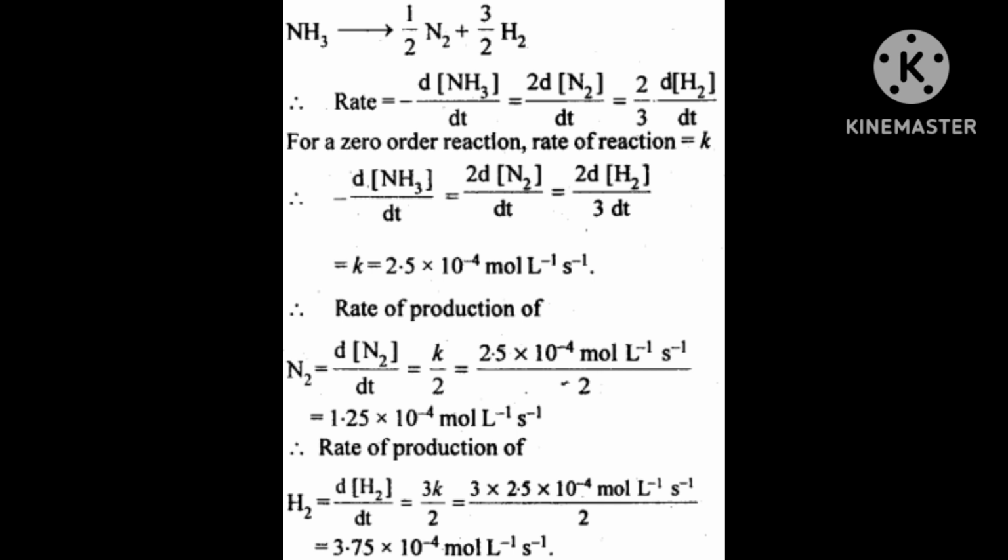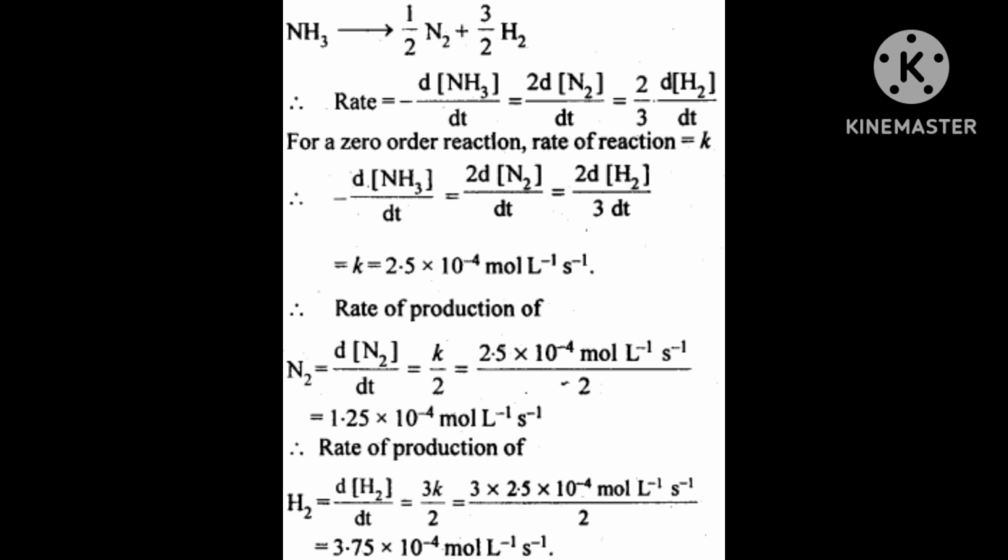Today I am going to discuss what I discussed in the last class, that is the first order reaction. The derivation of the first order reaction I have derived. Now I will continue from the first order reaction.